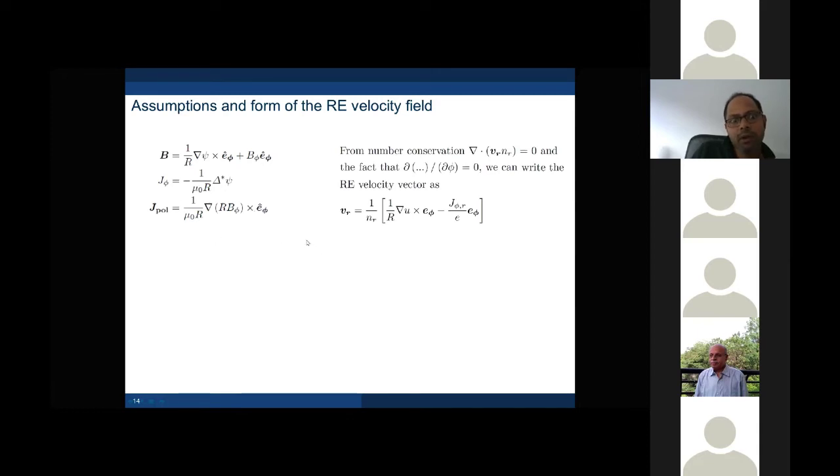And the fluid velocity of the runaway relativistic electrons can be written again in this form, for which this would be divergence free, because we don't consider any sources for these.